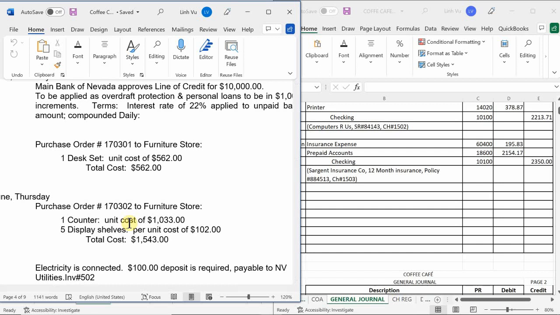So this time I bought one counter for $1,035, and 5 display shelves, which cost $102 per shelf. Okay, so in this case, my grand total is $1,543. So now this time, what do I do with this purchase order?